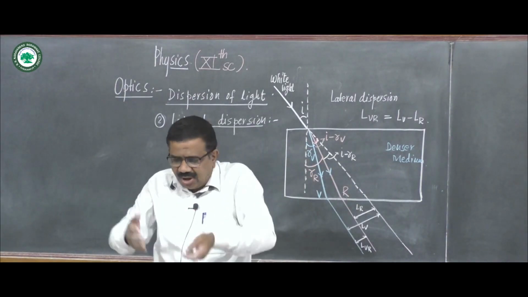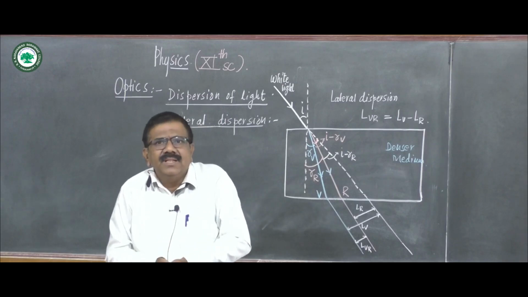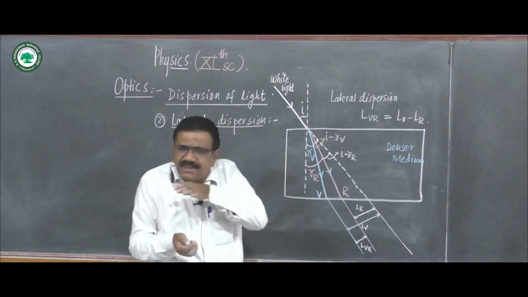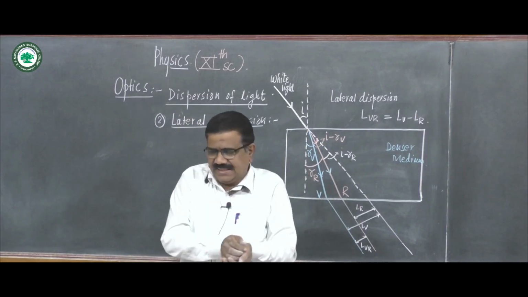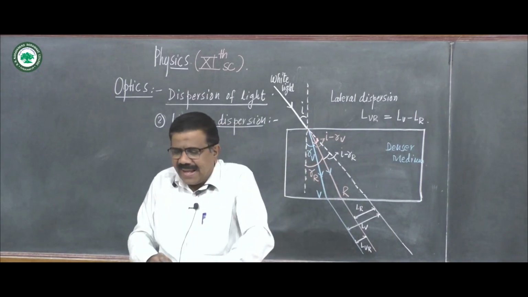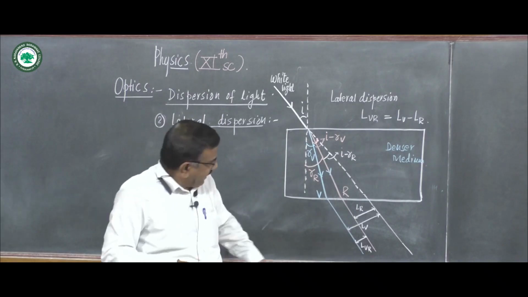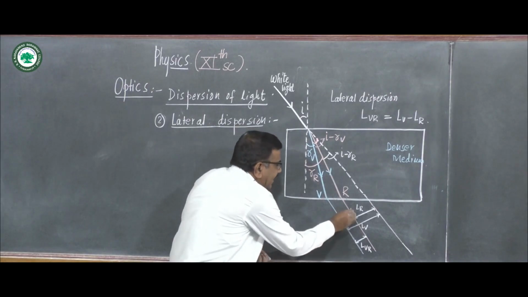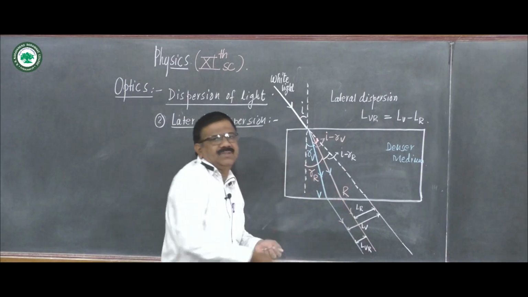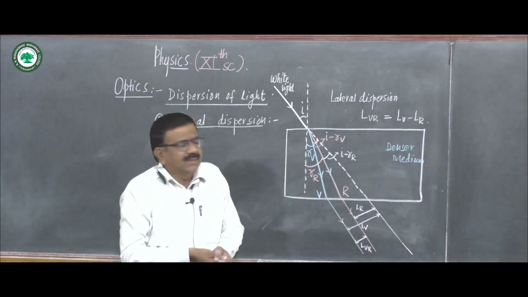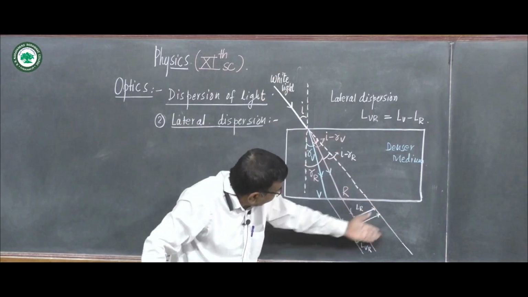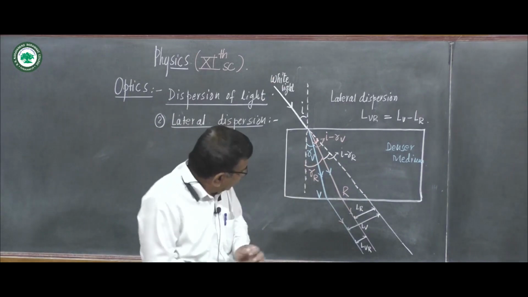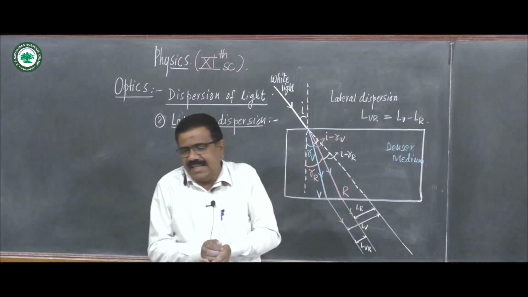Emergent light consists of all the colors separated out, and they move parallel to the direction of the incident light. They are laterally displaced. The colors are parallel to each other, and also parallel to the direction of incident light, and this is nothing but the lateral dispersion.